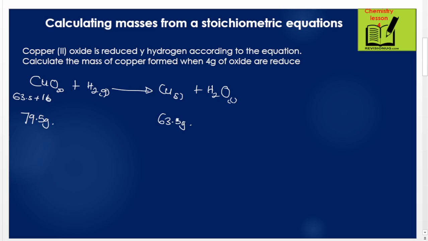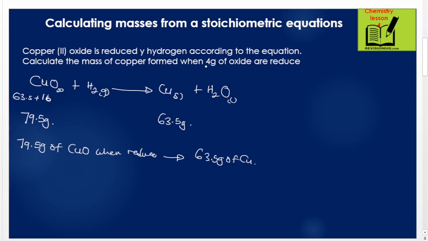Then we start comparing at a standard level, meaning that 79.5 grams of copper 2 oxide when reduced by hydrogen produce 63.5 grams of copper solid.